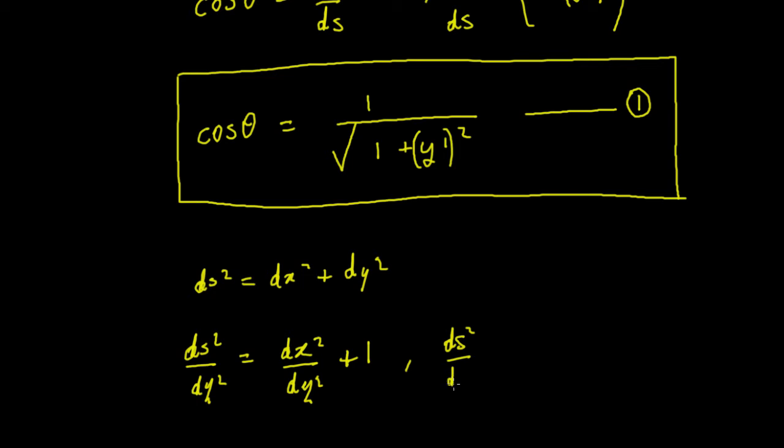Okay, so we can then write that as ds squared upon dy squared equals 1 plus, well, that's going to be 1 upon y derivative squared. So all we've done is just change the nomenclature to y derivative, and it's going to be the reciprocal of it because it's dx upon dy as opposed to dy upon dx.